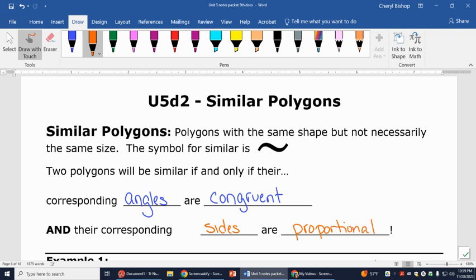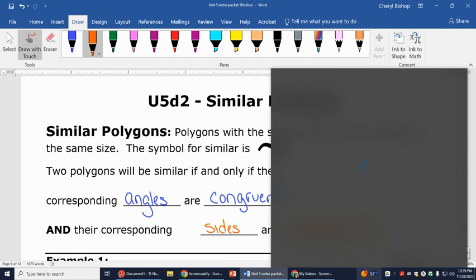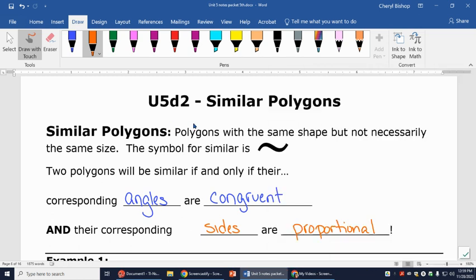So that's why we spent a whole day yesterday on ratios and proportions, because today we're going to be looking at setting up proportions and needing to be able to solve them. So remember, proportions means equal ratios, and ratios is just fractions. So proportions are equal fractions.